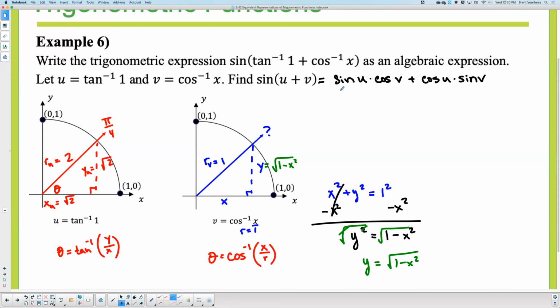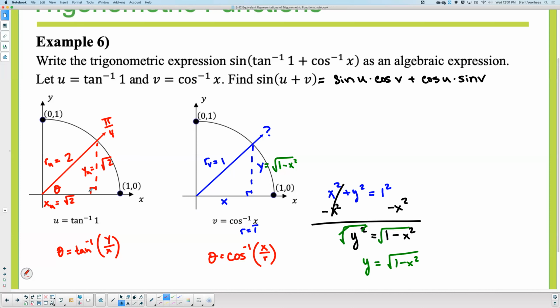What's the sine ratio? It's y over r. Our sine is y over r.